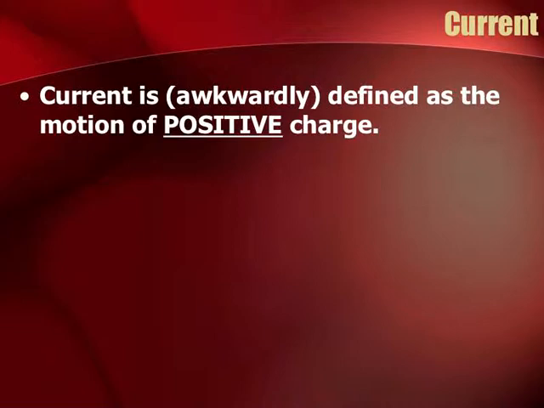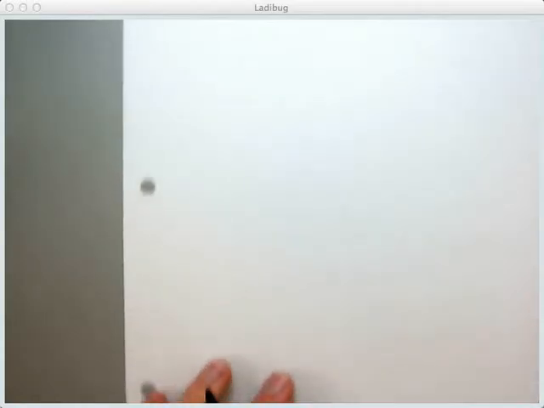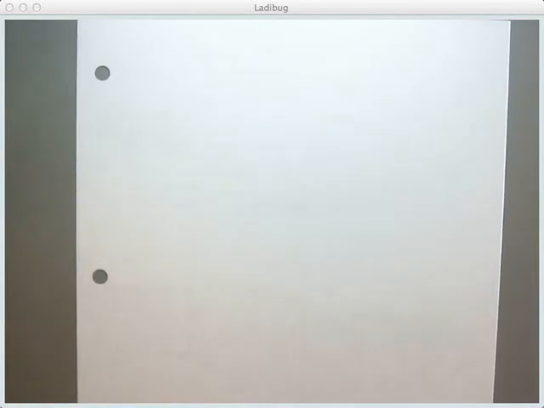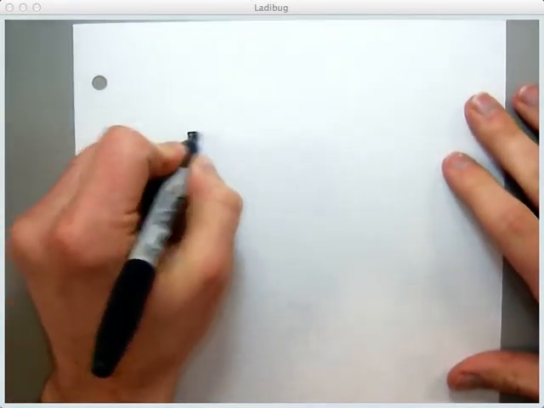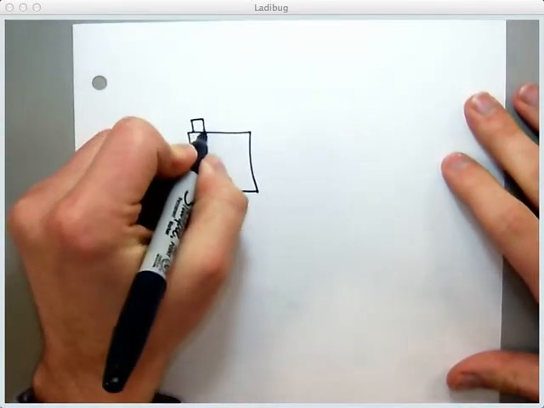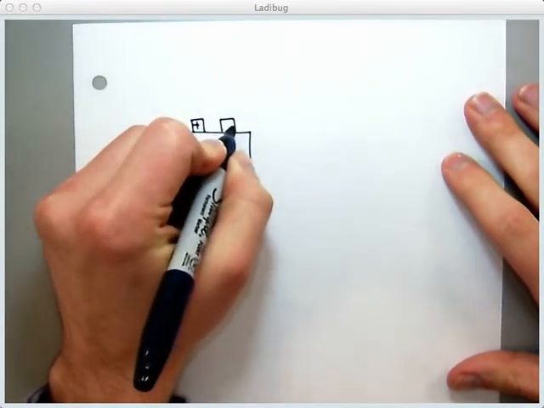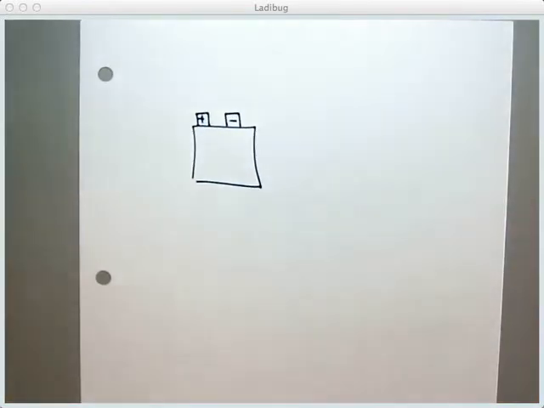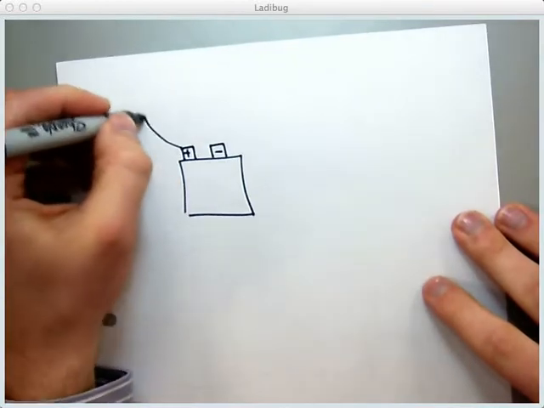In terms of circuit diagrams, guys, if I have a battery with a positive terminal and a negative terminal, let's say I hook up a light bulb to that.